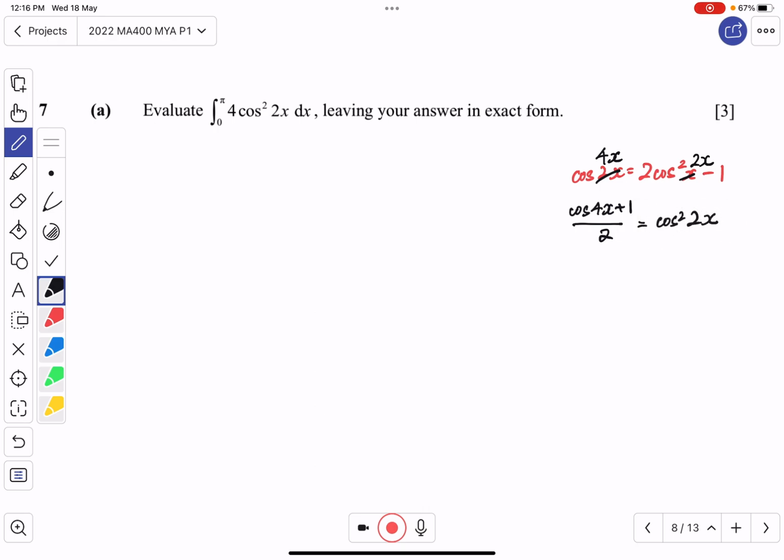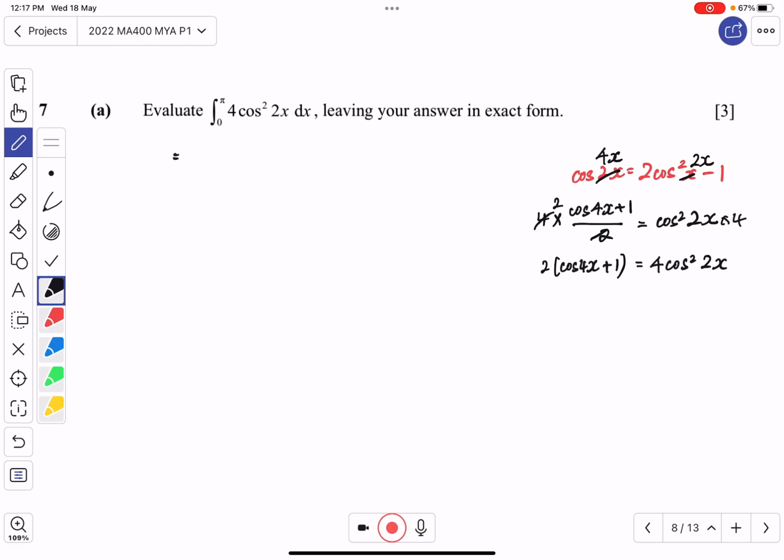Multiplying by 4 on both sides, 4 cosine square 2x is the same as 2 of cosine 4x plus 1, simply by applying the double angle formula. This will allow us to continue to solve the question.